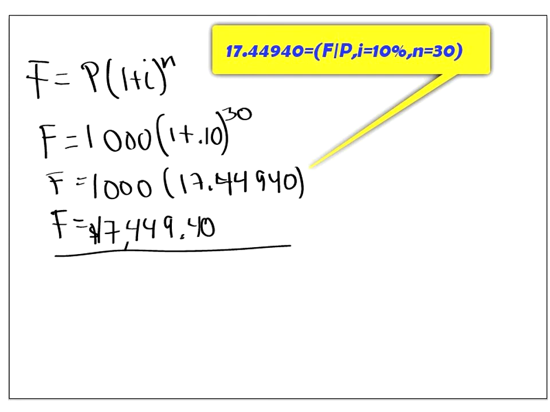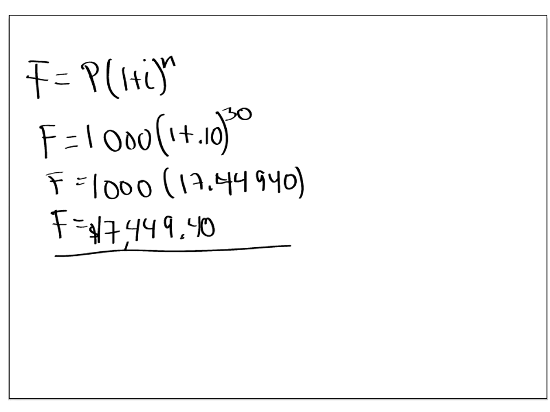How much would we have at the end of, say, 50 years? That would be the future value at t equals 50. The previous one was at the end of 30 periods. The future value at 50 years would be again $1,000 times (1 plus 0.10) to the 50.